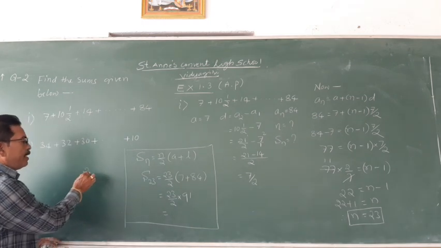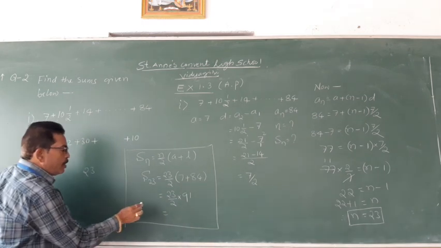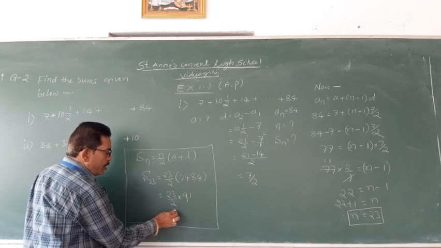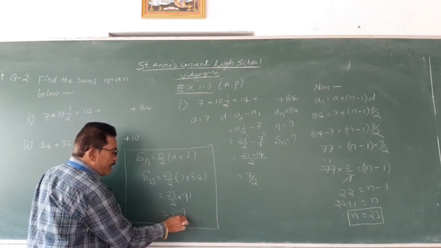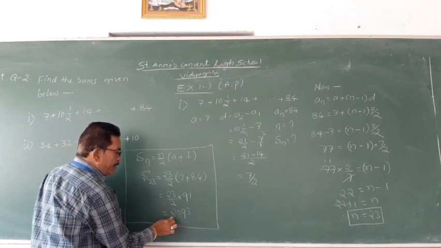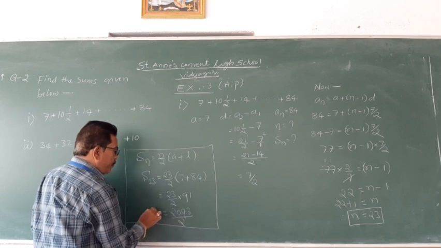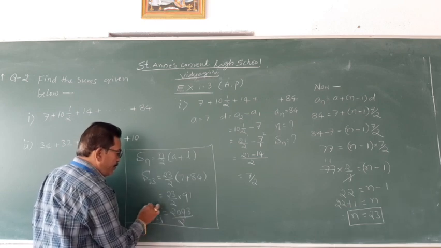You have to multiply: 2093 divided by 2. This is S23.